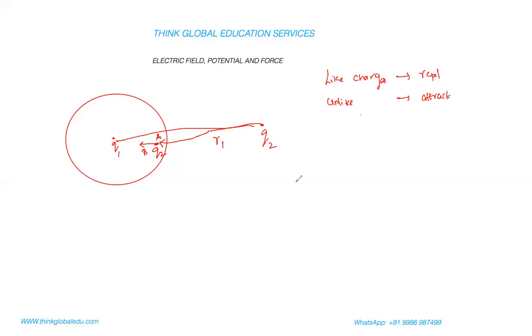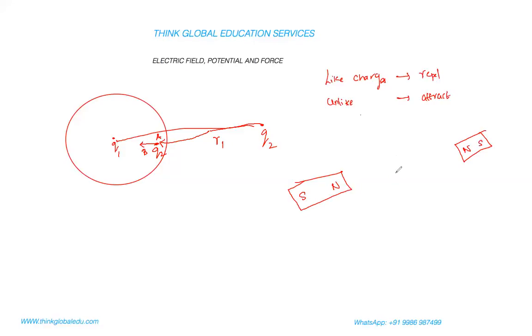Let's assume this is a magnet, with the North Pole here and the South Pole here, and another small magnet at a distance of 1 meter. These are weak, mildly strong magnets, so the force of attraction or repulsion will be very small.